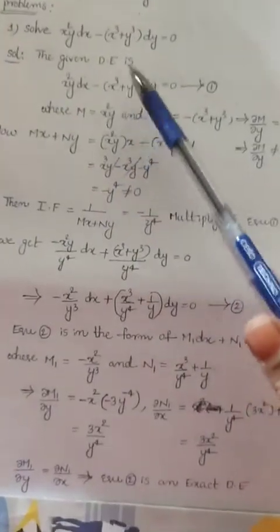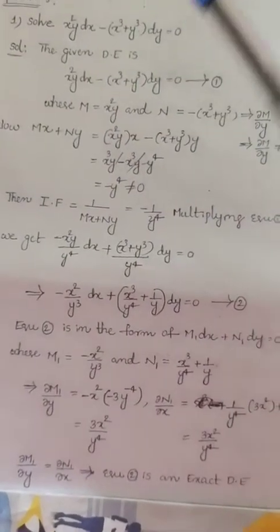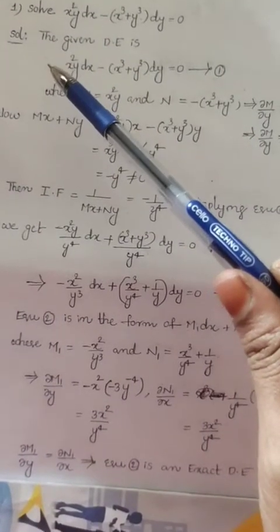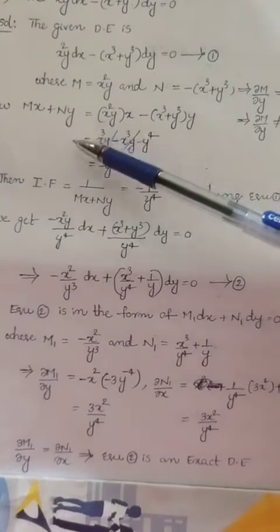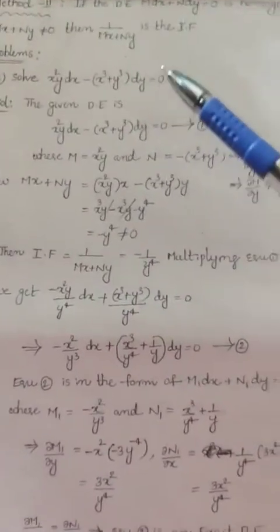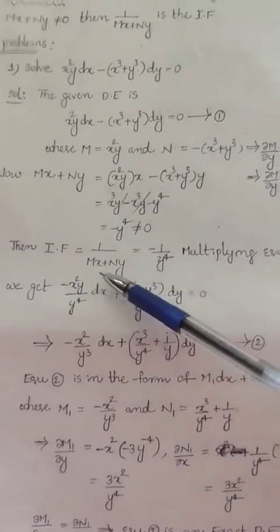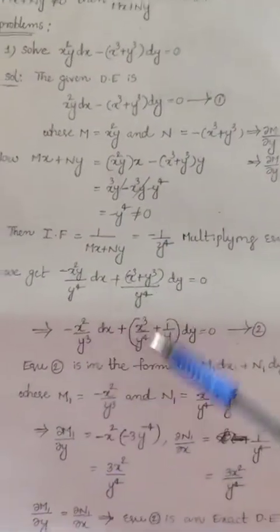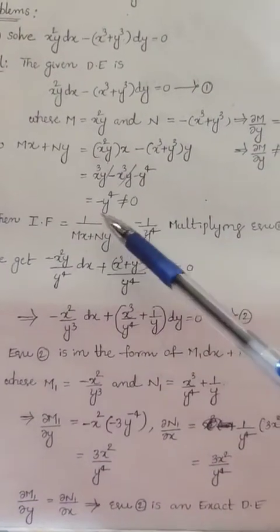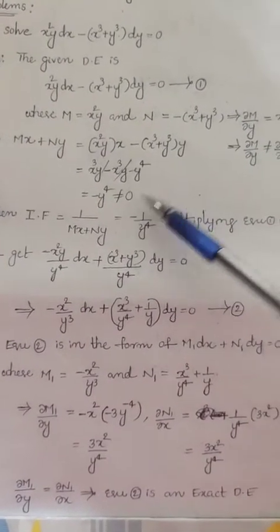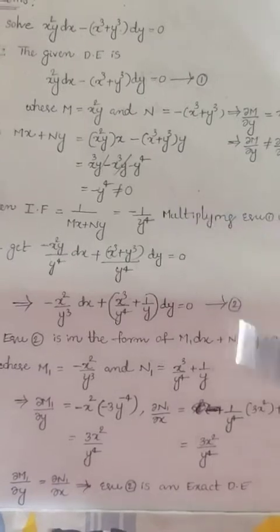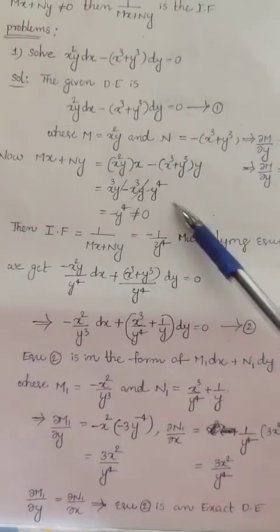Here the given differential equation is homogeneous, and Mx plus Ny is also not equal to 0. Then by method 2, the integrating factor equals 1 by (Mx plus Ny), which is minus 1 by y power 4.